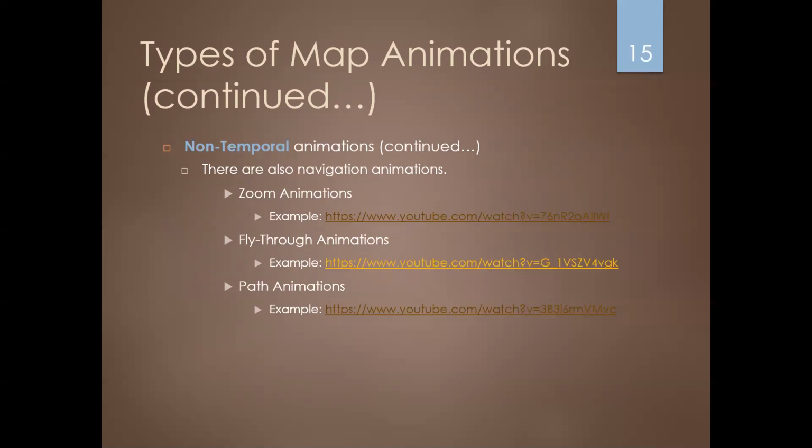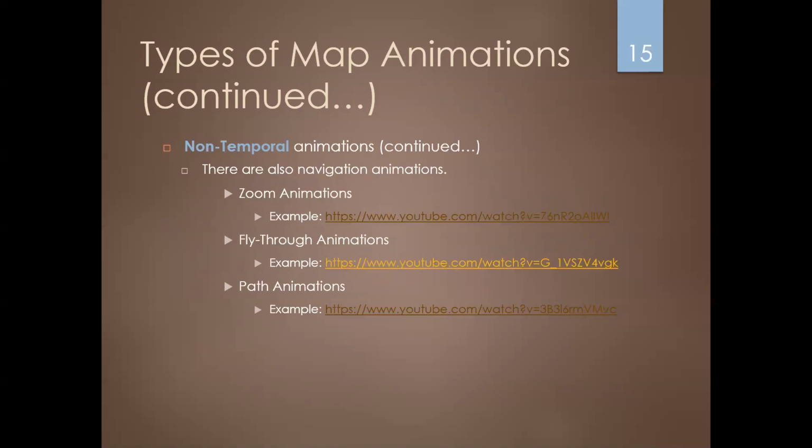Path animations are similar to fly-through animations, but they use a specific object, for example, a triangle, a circle, a small point, to show you the path or paths of objects.